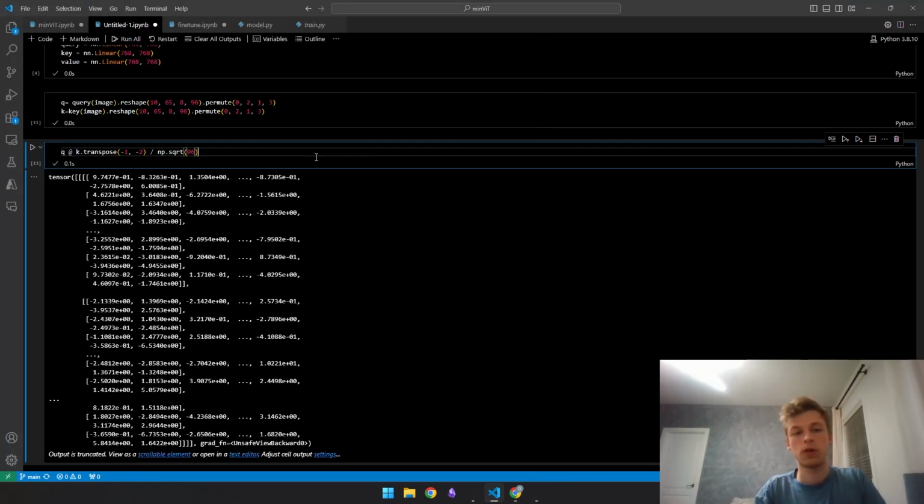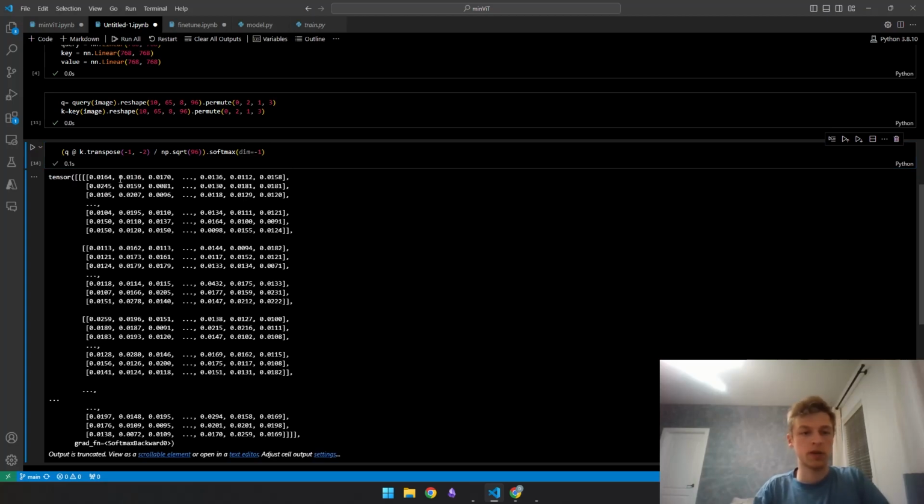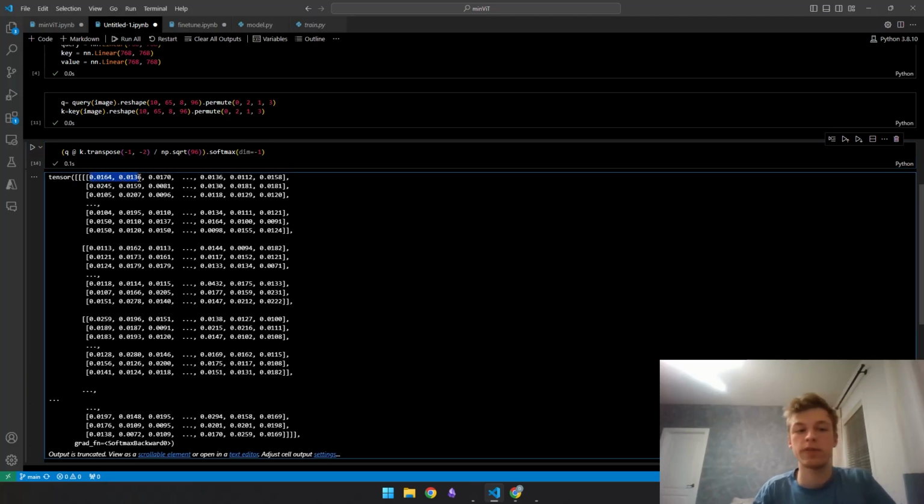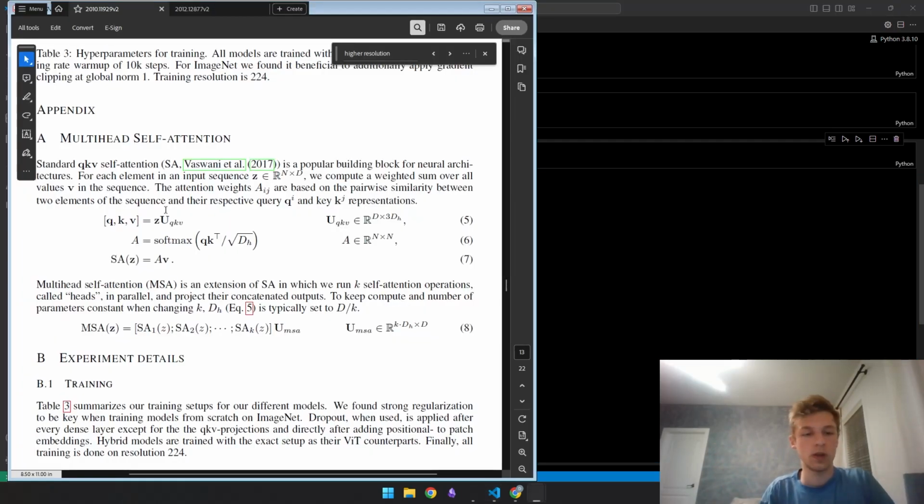So here Copilot already suggested the square root of 96, which is our head dimension. And then finally, we want to do a softmax on this. So the softmax simply exponentiates every element, element-wise, and then we divide by the sum of every row so that we get what could be seen as a probability distribution, all the values adding up to 1.